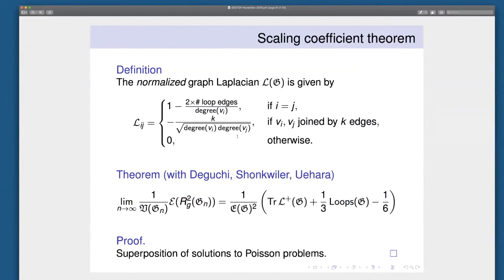So this theorem, as far as we can tell, doesn't have any antecedents in the literature, though who knows, we may find some eventually. And the key idea is to use superposition of solutions to Poisson problems. So you want to solve the problem in general on a subdivided graph. You can say something about what it looks like on each edge and relate things to the structure graph.